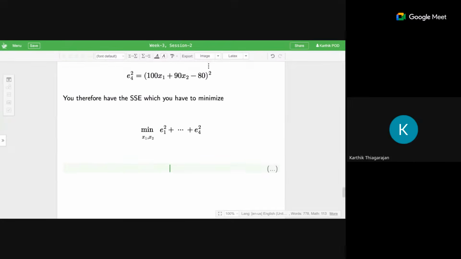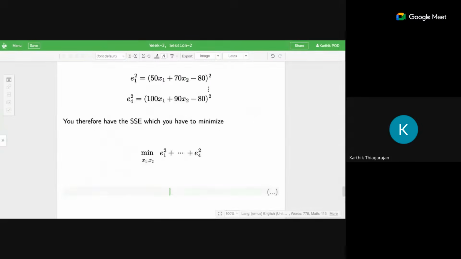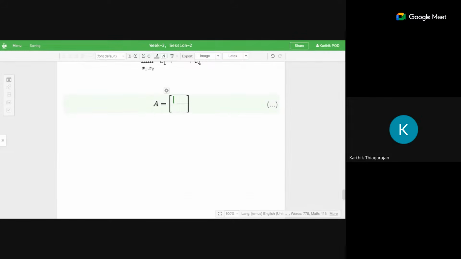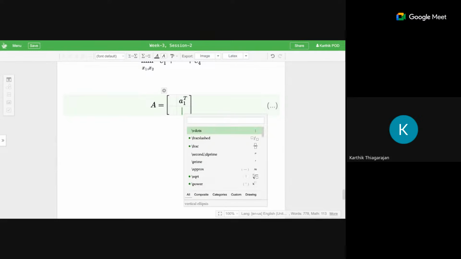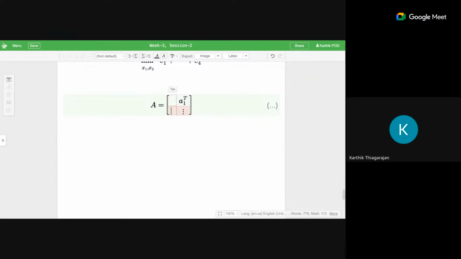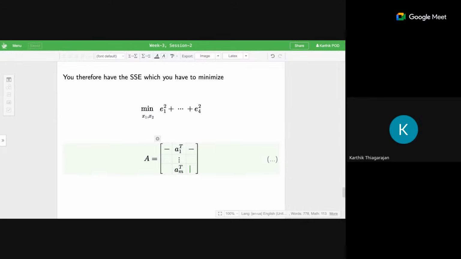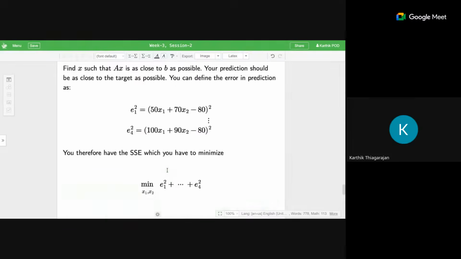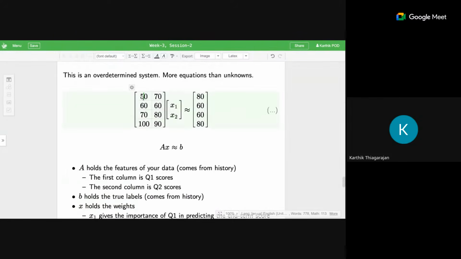So remember that I had represented A as A1 transpose. You remember this, we did it at the very beginning. Do you all remember that? Okay, so this is what I'm going to make use of. In this case, what is A1 transpose? 50, 70.